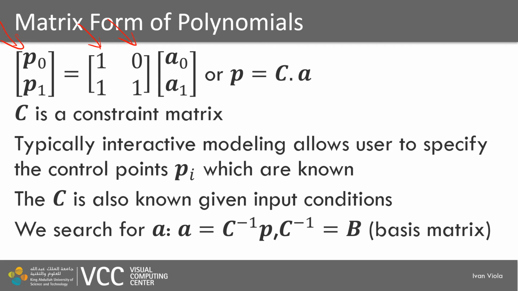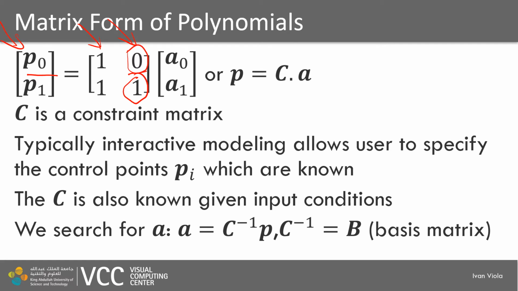So A0 will always have 1 here in this case because it does not have a u. But for the P0 case, the u is 0, and therefore the 0 is here in this matrix. For the P1, the u is 1, and therefore this multiplier with A1 will be 1.